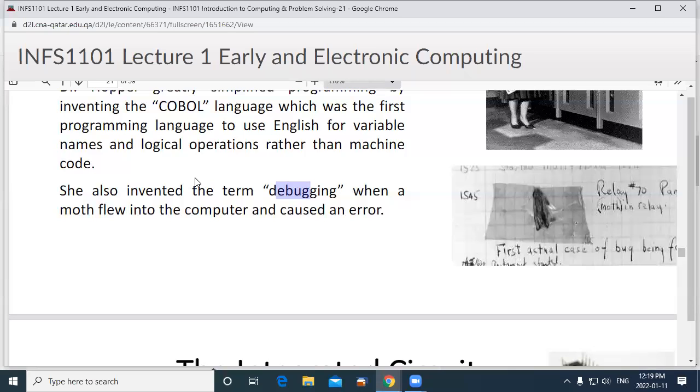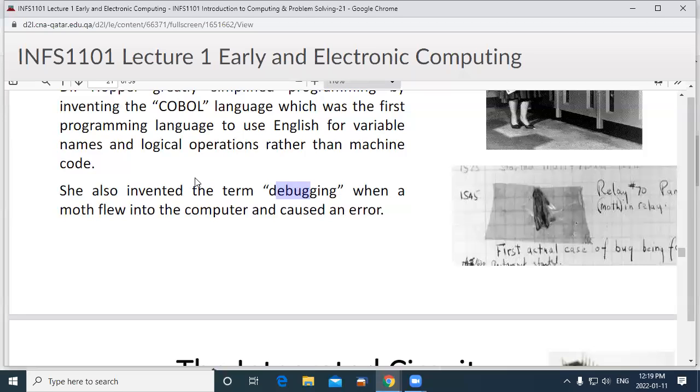And so she'd notice that there was something wrong with the computer. She'd go and inspect and she'd find that there was a bug. So bug being the generic word that we use for almost all insects. So a bug can be just any insect, but she'd notice that there was a moth bug stuck in the computer, and that's where the electrical short was, which stopped the computer from working.